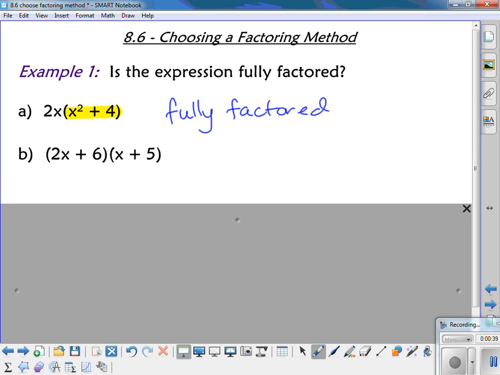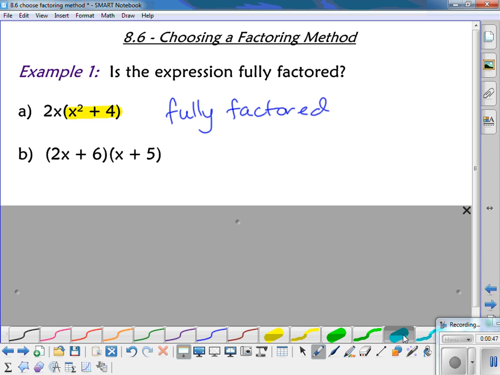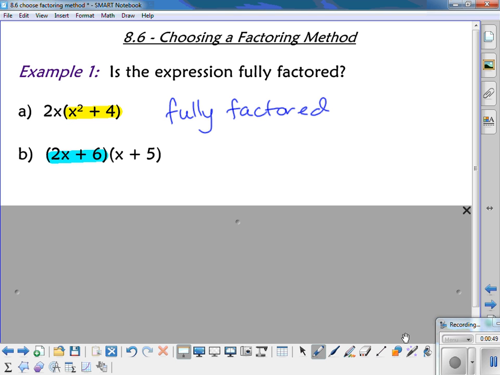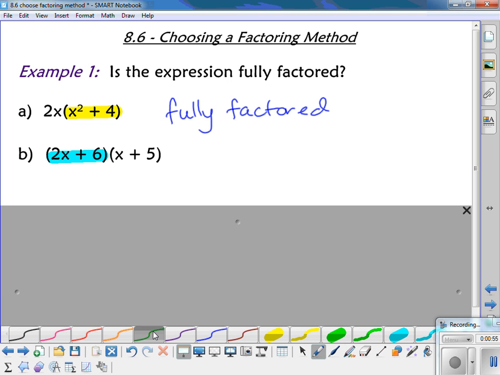Now if I look at the next one, I've got 2x plus 6 times x plus 5. Initially it looks like, well, it's already been factored, right? But if you take a look here inside the parentheses, is there something that I can factor out of 2x and the 6? Yeah, they have a GCF of 2.